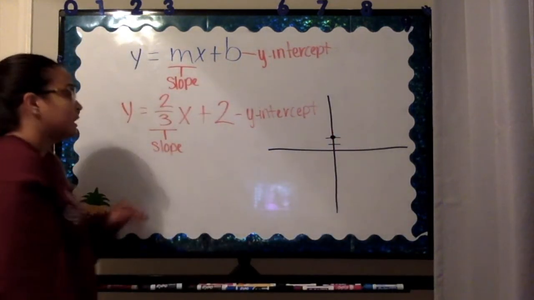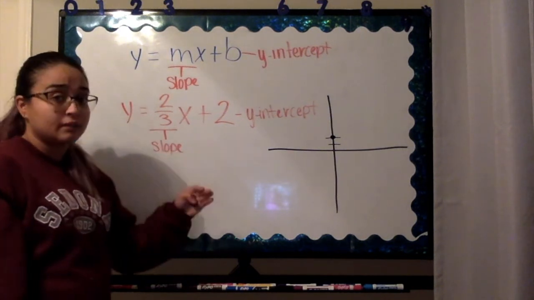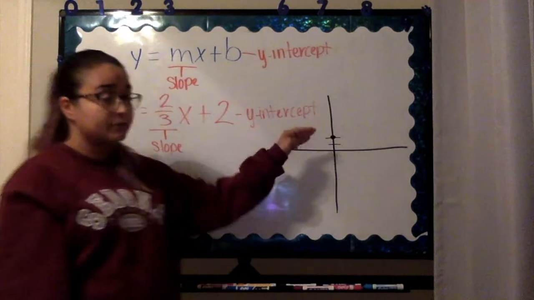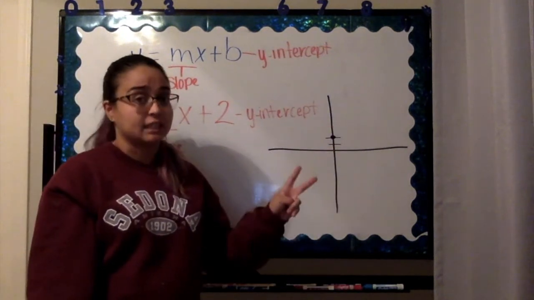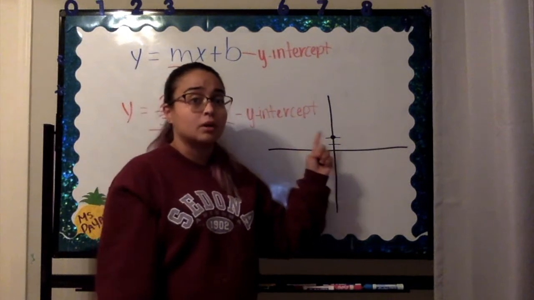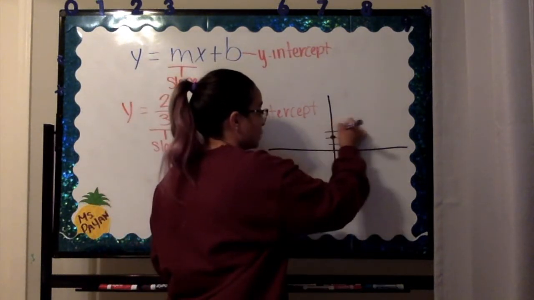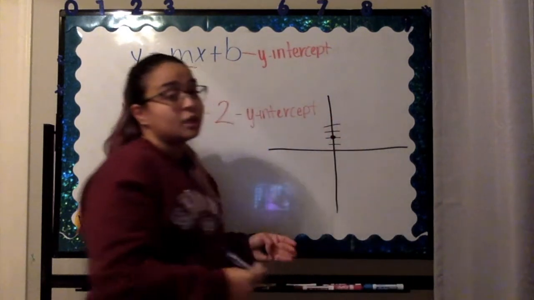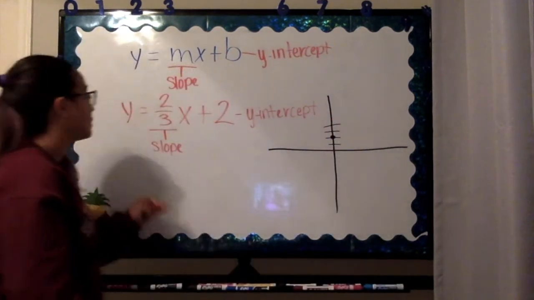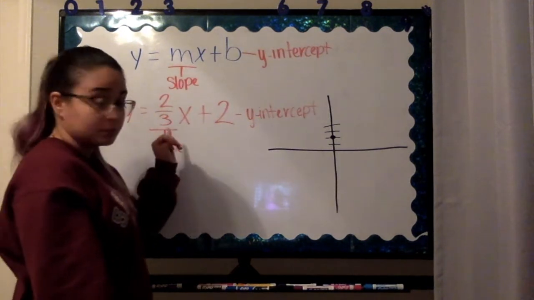Now, to find our slope, we have 2 and 3. Elevator walk. We did our first elevator. Now it's time to do our second elevator, which is 2. And we're going to start off from our y-intercept point. We're going to go up 2 times more, but that's not it. We have a 3 under our 2 to complete the slope.